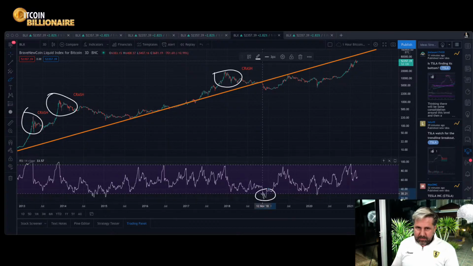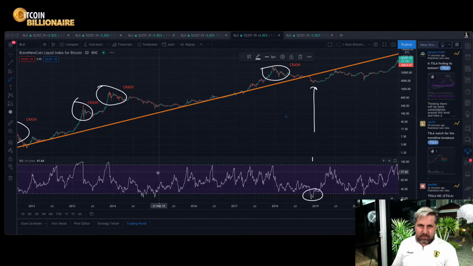You see that? Anytime it goes below, if you had bought when you saw that on the 3 days RSI, you would have made that 7x, 714%. You see what I'm saying? So on the RSI in the 3 days, it's been pretty good.